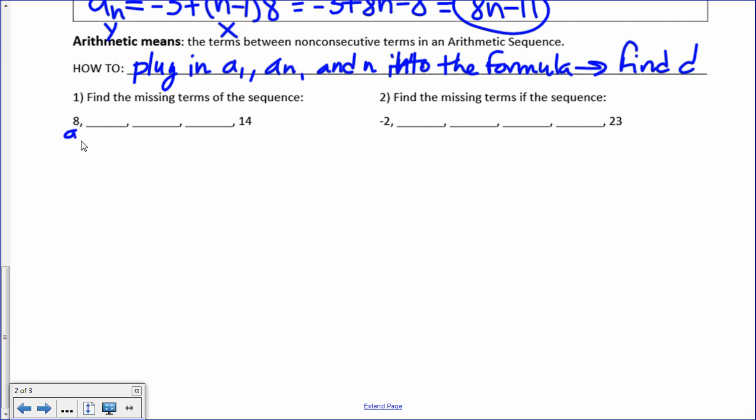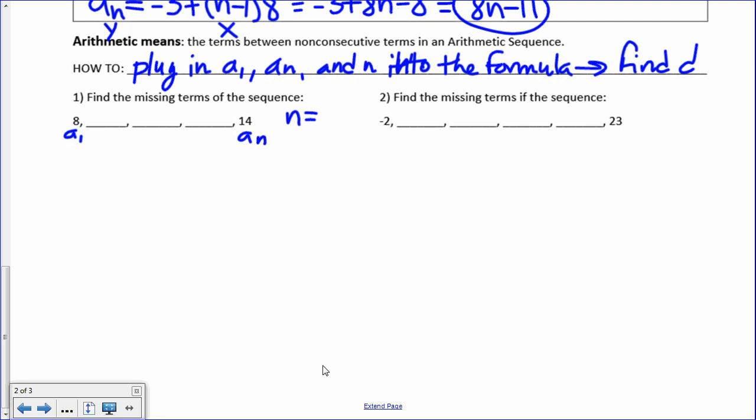8 is a sub 1. 14 is a sub n. Remember, we keep treating a sub n as the last term in our finite sequence. What does n represent again? How far in the sequence you went to get to the last term, a sub n. n tells you how far you go to get to a sub n.